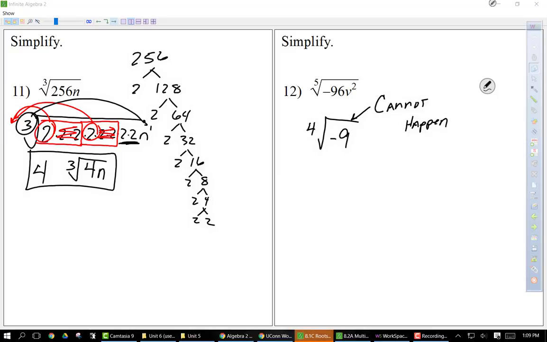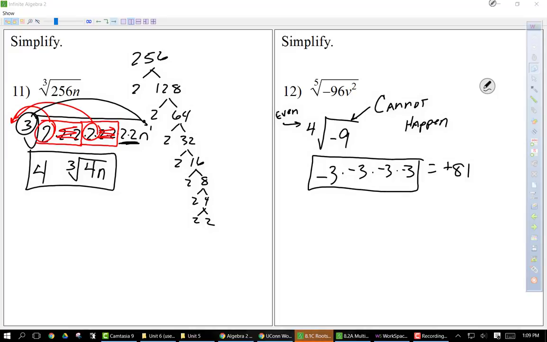Well, because when I take an even root, so this is an even root, I can never multiply 4 numbers. So this is even as a 4, right? So say negative 3 times negative 3 times negative 3 times negative 3. If I multiply these together, I get positive 81. I never get a negative number when I multiply 4 of the same numbers together.